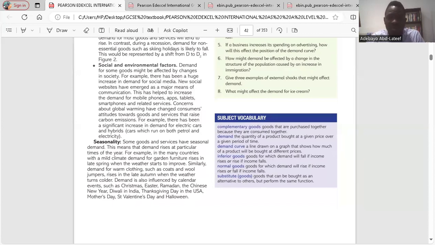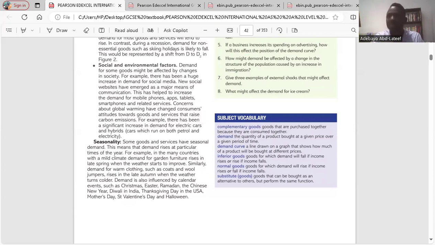Similarly, demand for warm clothing such as coats and wool jumpers rises in the late autumn when the weather turns colder. Demand is also influenced by calendar events such as Christmas, Easter, Ramadan, the Chinese New Year, Diwali in India, Thanksgiving Day in the US, Mother's Day, St. Valentine's Day, and Halloween. So when we talk about seasonality, we're talking about demand which comes as a result of a specific period within the year.